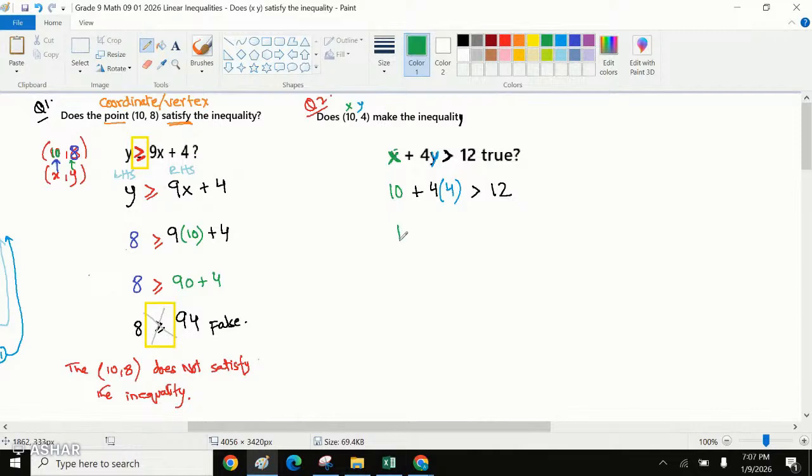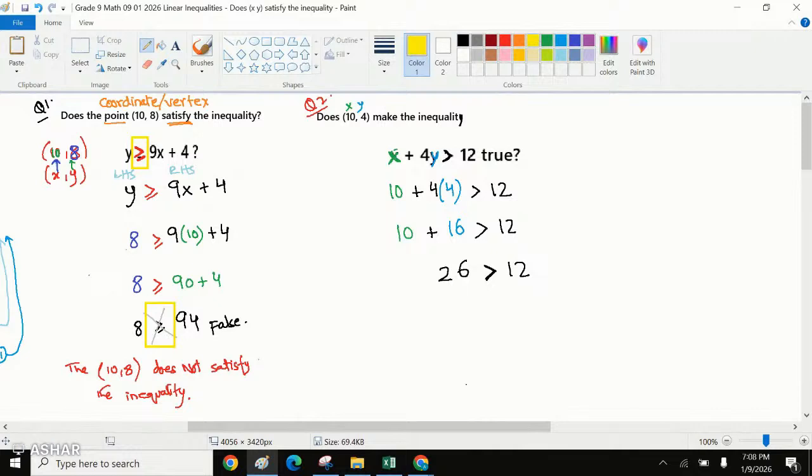So can we say 10 plus 4 times 4 is 26 should be greater than 12. So finally we can say that yes, 26 is greater than 12. The open end of the shape of the inequality is always the bigger value. So we can say 26 is greater than 12, or the reverse, 12 is less than 26.